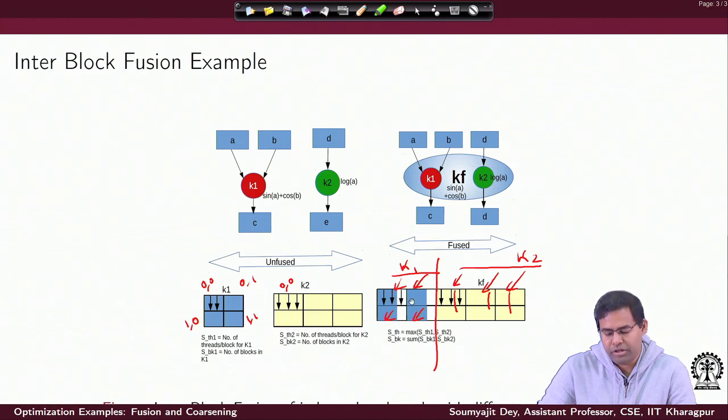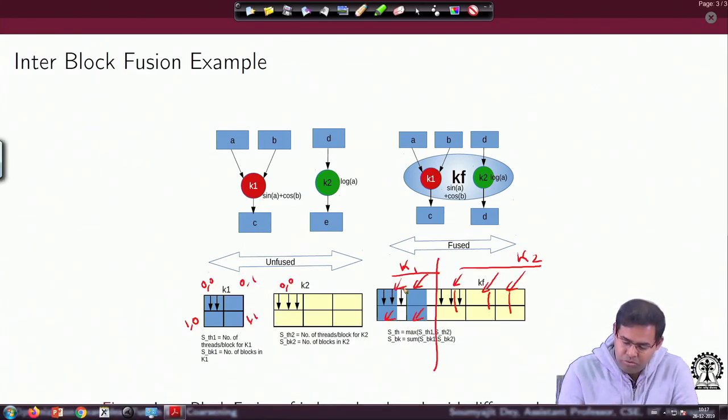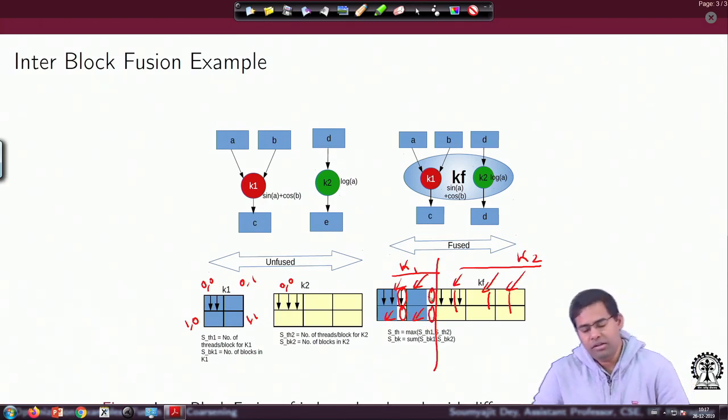So, we have 3 threads per block for K1 as well as 3 threads per block for K2. But since K1 is originally utilizing 2 threads, this third thread, when it belongs to the block IDs for K1, does not have much to do, right. So, these are just threads which are getting launched without any activity. This is also a wastage of a thread which is running in parallel, but has got no activity, right.